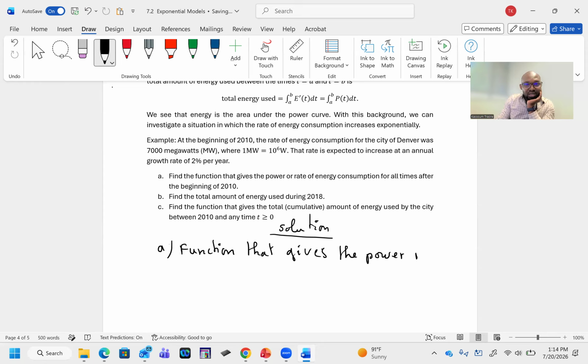Okay, so let t be positive first. Let t be greater than or equal to 0, the number of years after 2010.